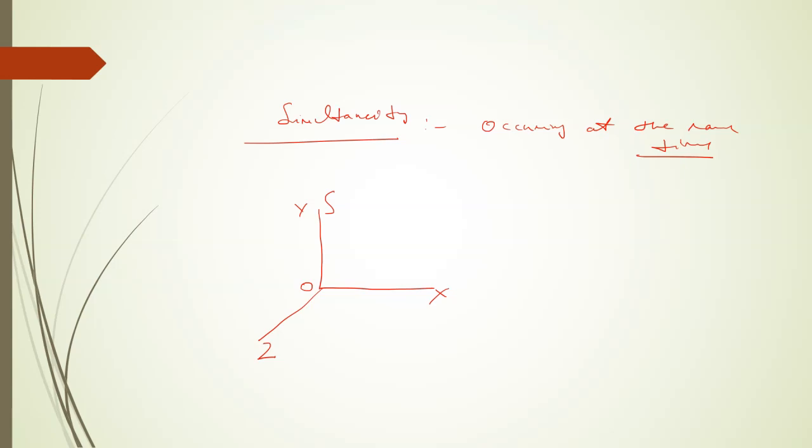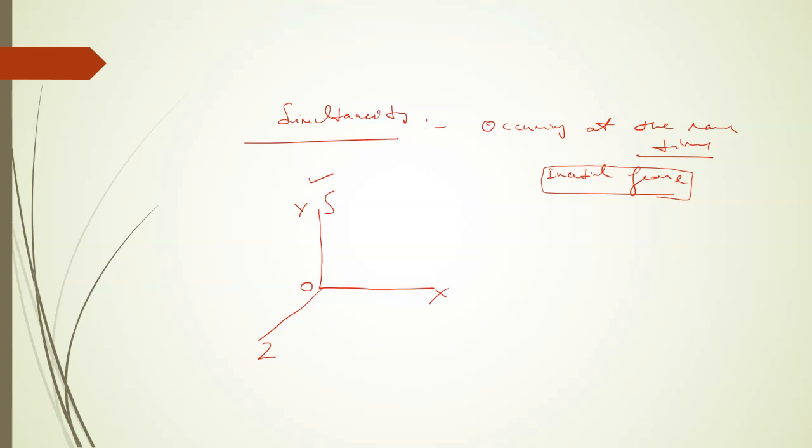S is a stationary frame. The meaning of inertial frame I have discussed in previous relativity lectures: it is a frame which obeys Newton's laws of motion, the law of inertia. So S is the stationary frame of reference, and S dash is the moving frame of reference.